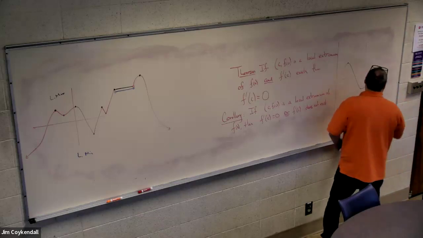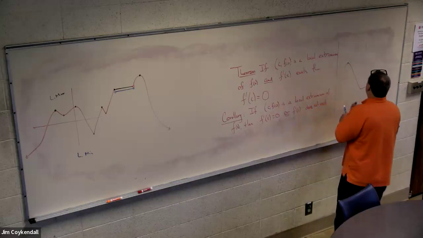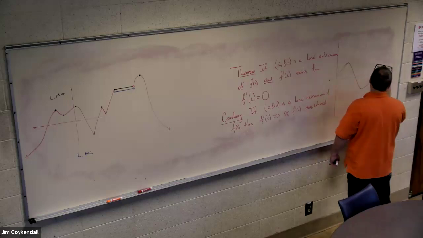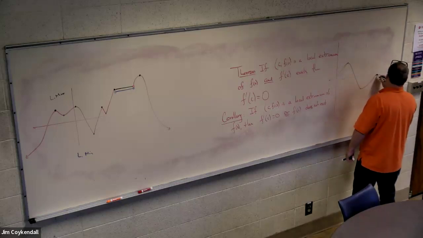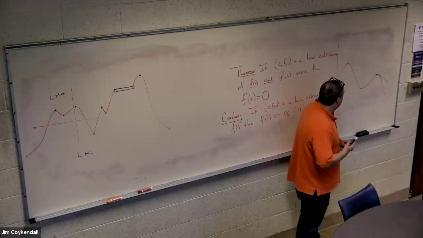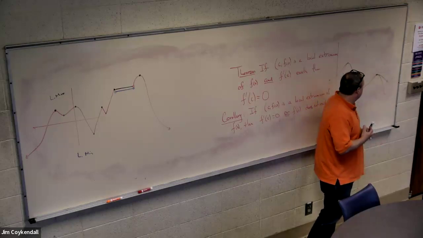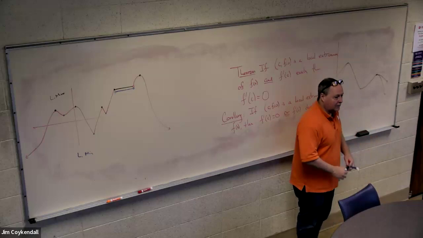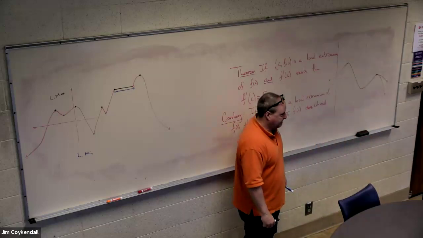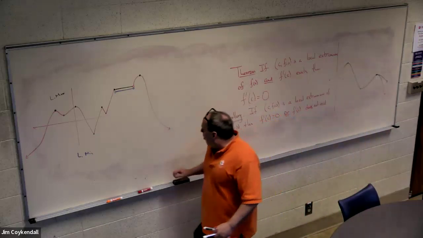Now there are some subtleties I don't know about what this function looks like. For example, after here, it could indeed go something like this. Or after here, it might be much steeper. There are other things that can happen. But if those are the only three points of local extrema, I've got a pretty decent idea of what that is.